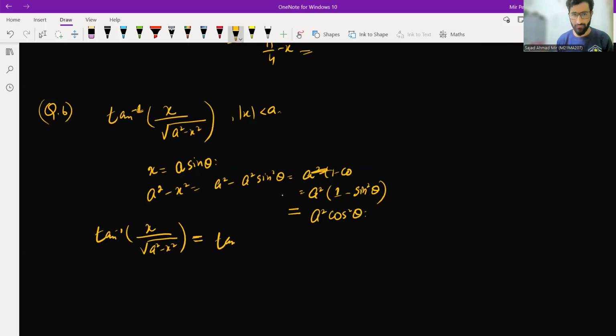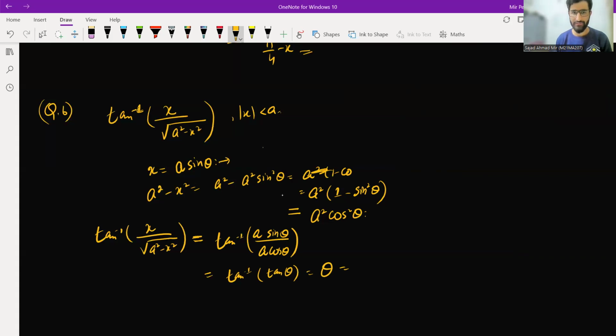This will be tan inverse of a sine of theta divided by square root of this, which will be a cos of theta. Then this will be tan inverse of tan of theta, which is equal to theta, and theta we have from here.